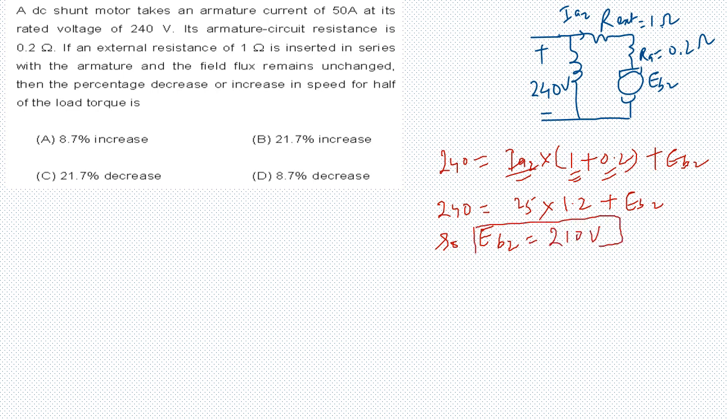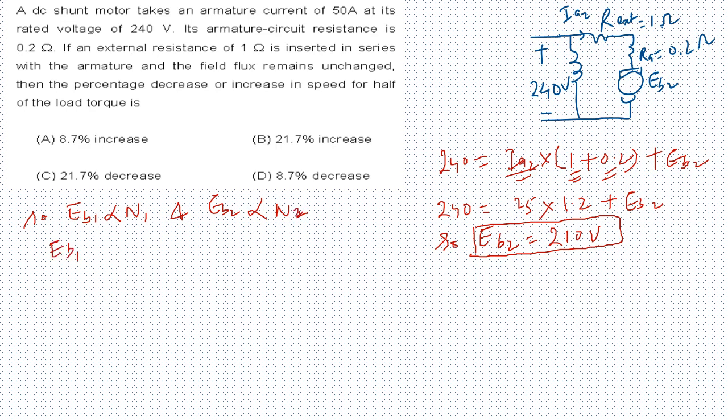Now we have our EB1 and EB2. EB1 is proportional to N1 and EB2 is proportional to N2, as we discussed earlier.